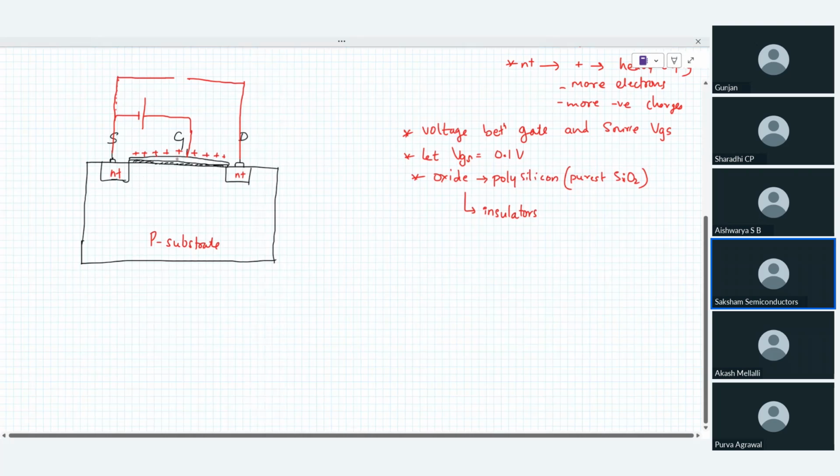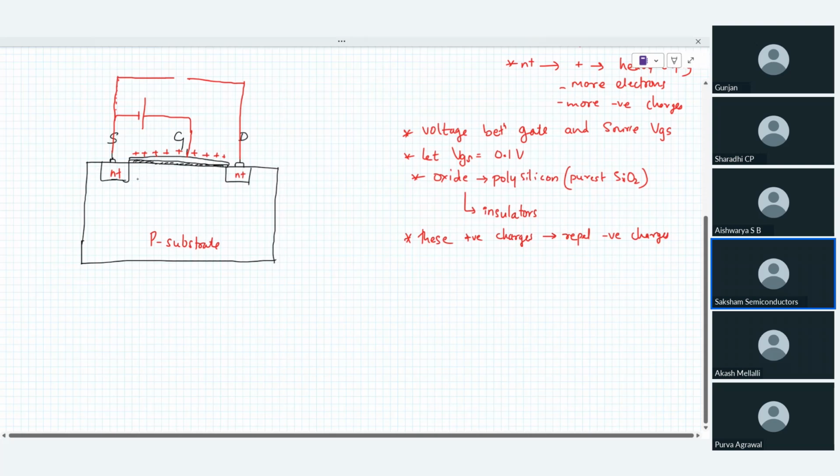Fine. Now what is going to happen over here? When this amount of charge comes and sits on top of the gate, first of all, these positive charges repel positive charges. Where do they repel? You see, there are a lot of positive charges present over here, right?